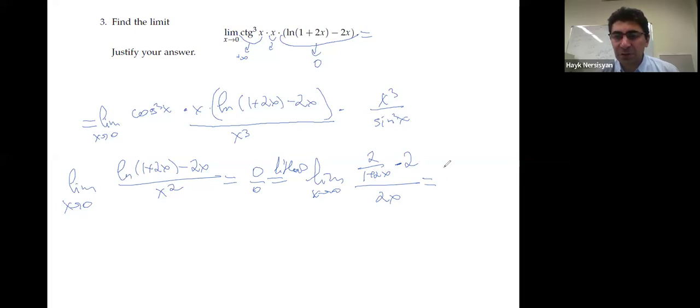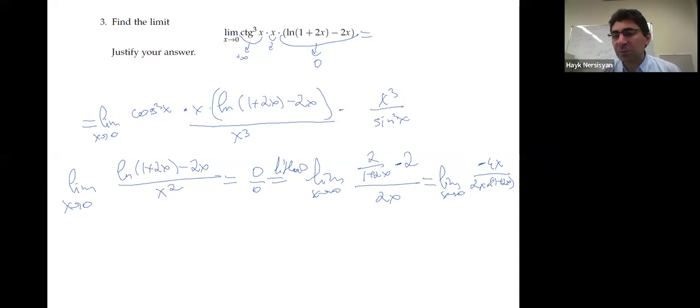Modify a bit, limit as x goes to 0. If we bring into common denominator, we will get minus 4x divided by 2x times (1 plus 2x). I just brought into common denominator.